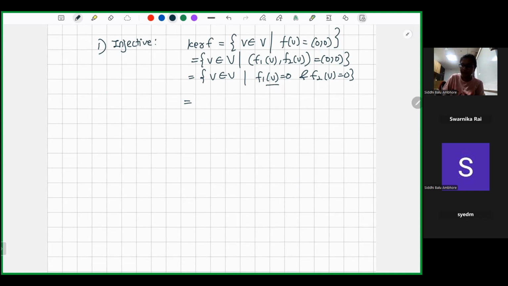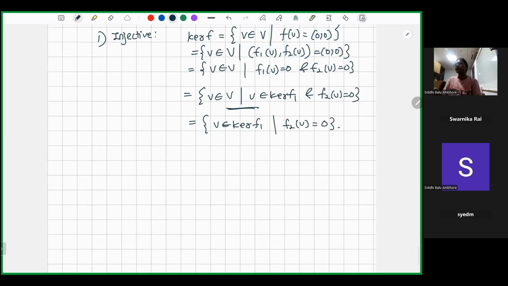This implies that I can take v in V such that v is in kernel f1 and f2 of v is 0. So I can take v belonging to kernel of f1 such that f2 of v is 0. And what is this? This implies that kernel of f is f2 restricted to kernel f1. Is this okay?